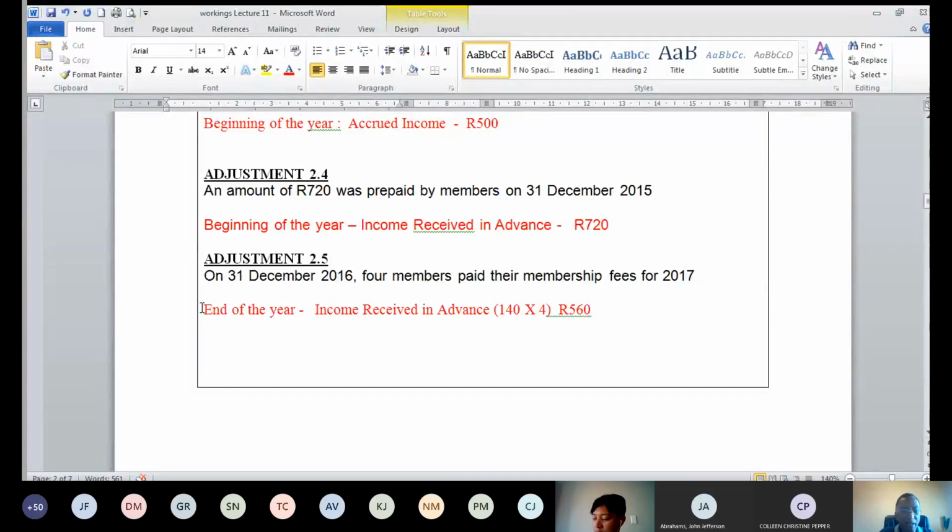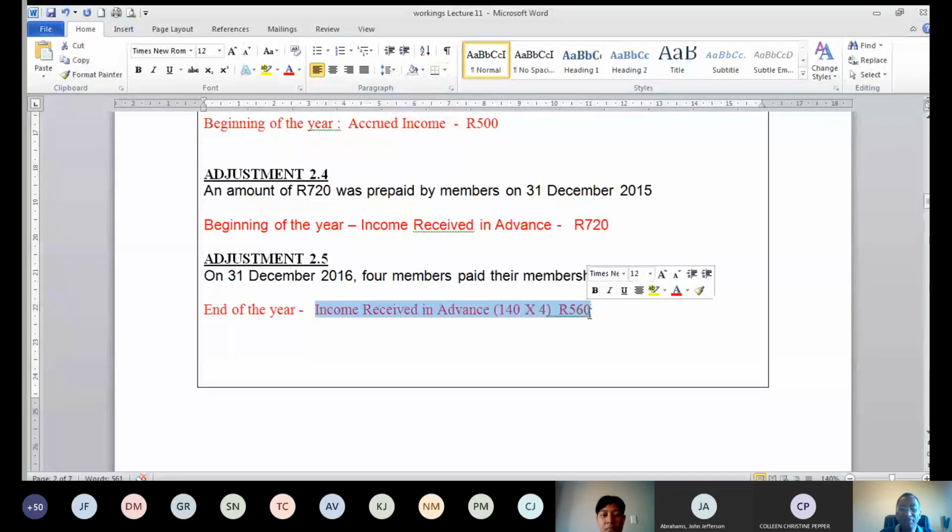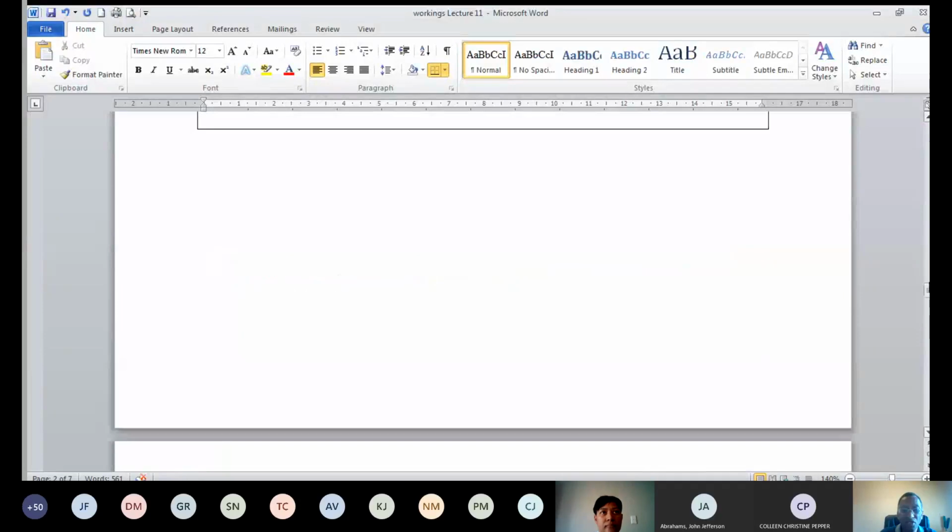At the end of the year, under 2.5, there was income received in advance. Income received in advance is a liability, must be credited. Credit income received in advance.